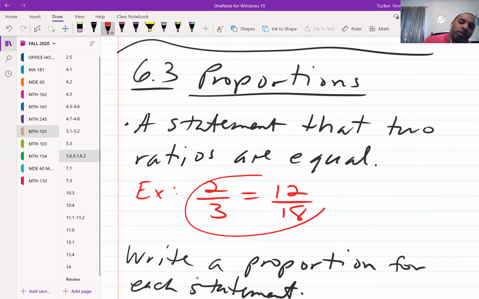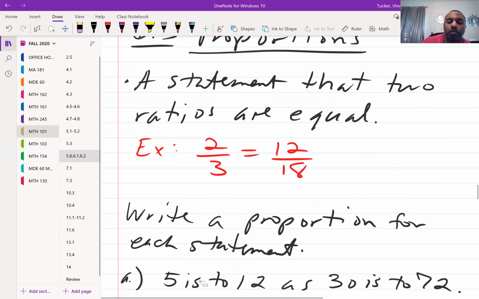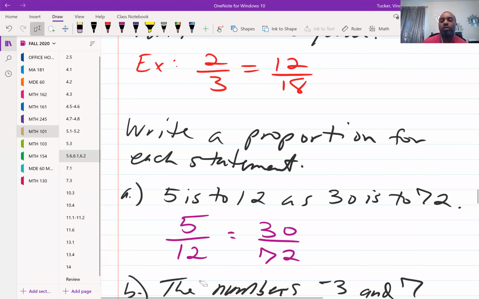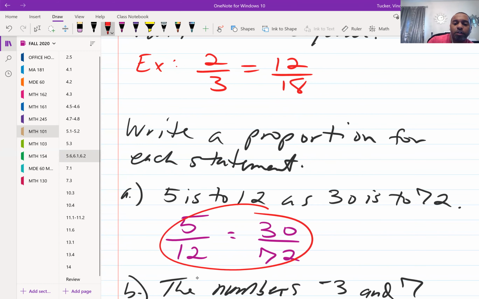So the example here is 2/3 equal to 12/18. So the first exercise you may see in this section says write a proportion for each statement. 5 is to 12 as 30 is to 72. So they don't want you to solve it or anything. They just want you to write it as a proportion.